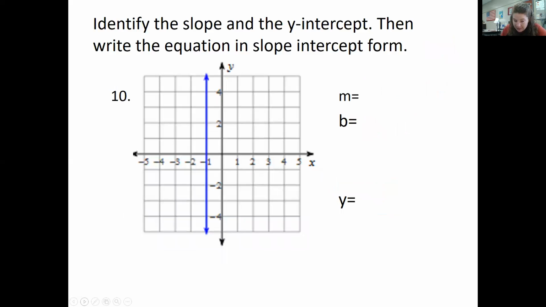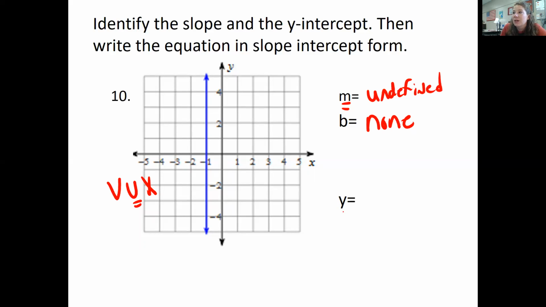Here we have a vertical line. So I'm thinking of VUX. The question is, what is the slope? Well, the slope is undefined. That's what the U means, undefined. The y-intercept: does this line ever cross the y-axis? Never. There is not a y-intercept.